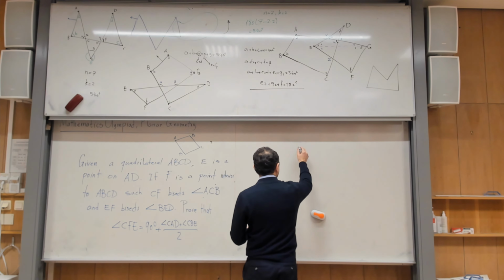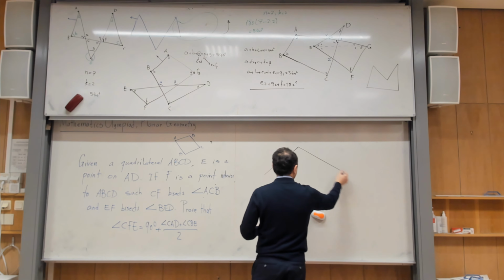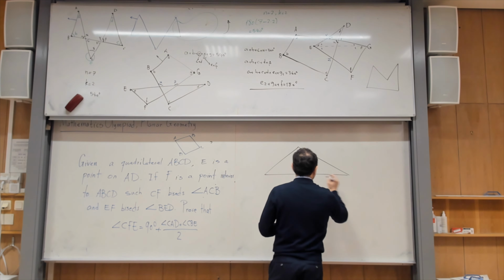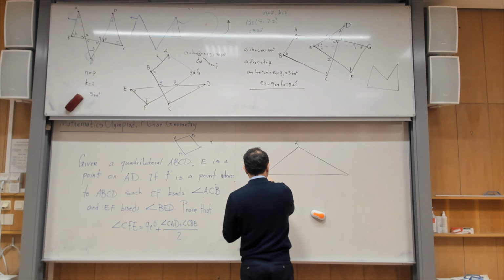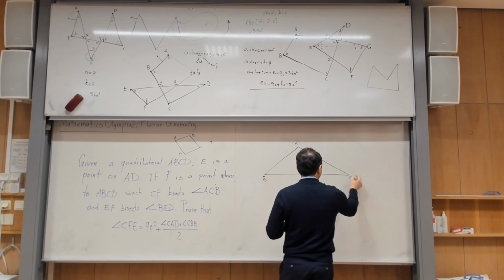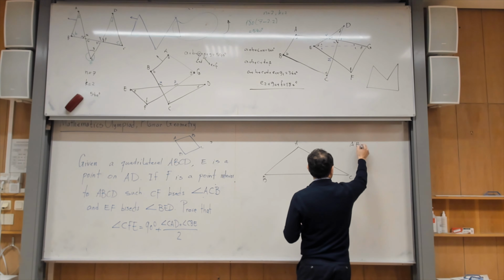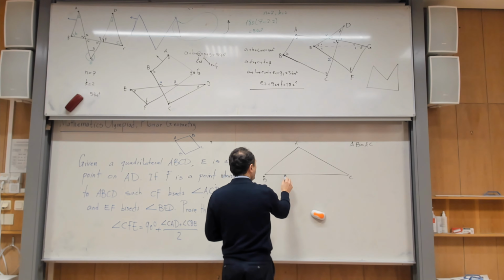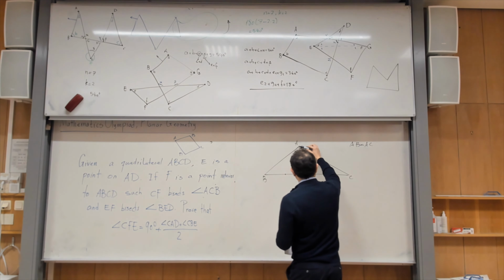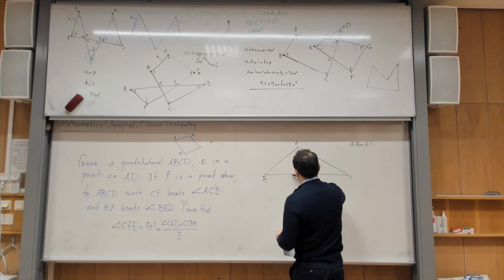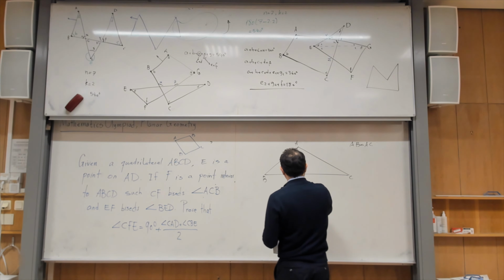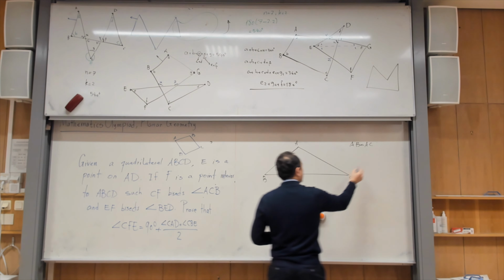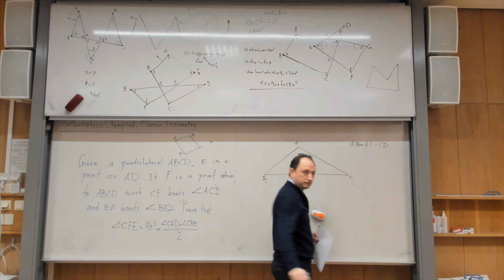So I have an isosceles triangle here, ABC. Isosceles here, I mean AB is equal to AC. And we also know that there is a point D, somewhere here, so that CD is also equal to these.